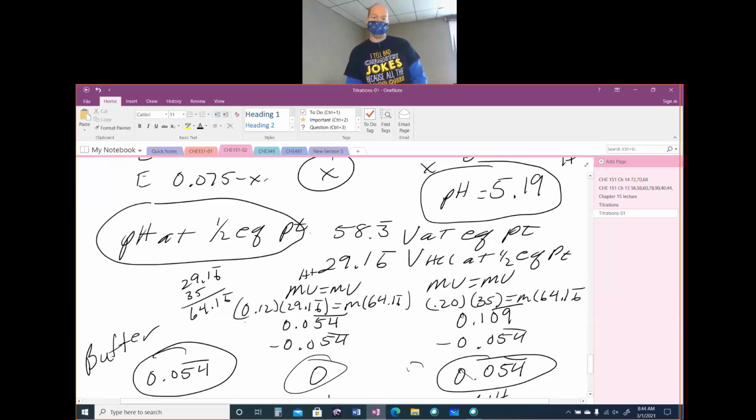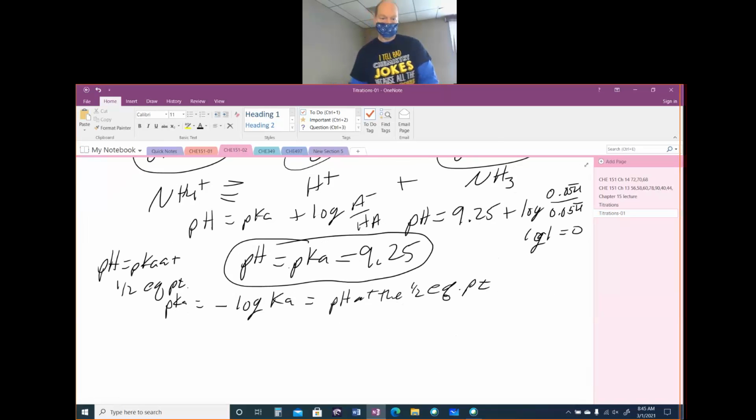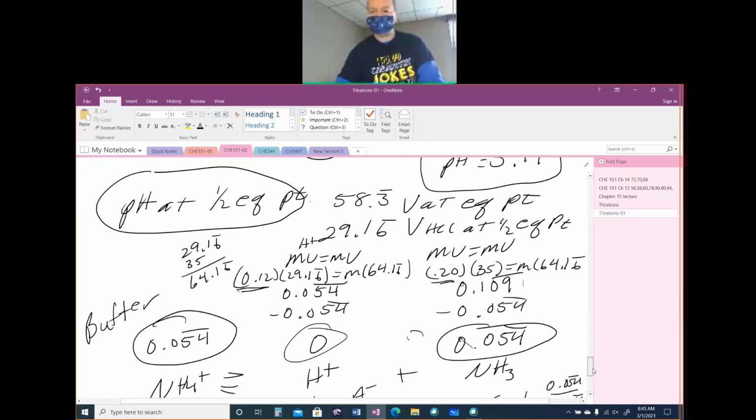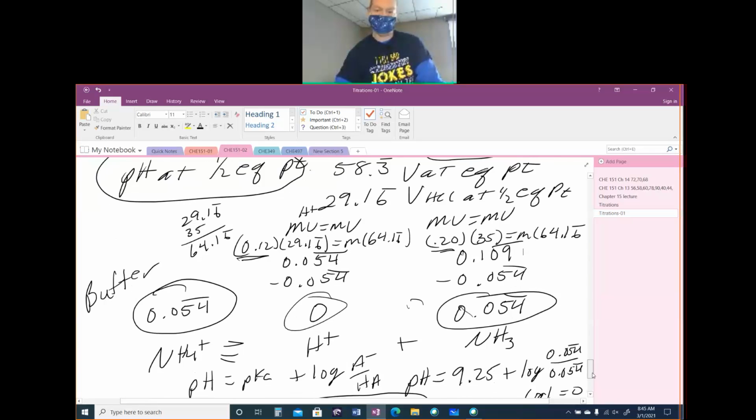If we look back, we see that the HCl is 0.12 molar and our NH3 is 0.2 molar. The NH3 is what was in our flask, 35 mL every time. The HCl is in our burette, and we are adding the HCl.